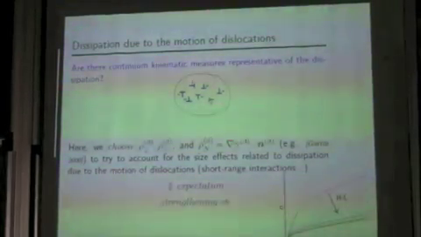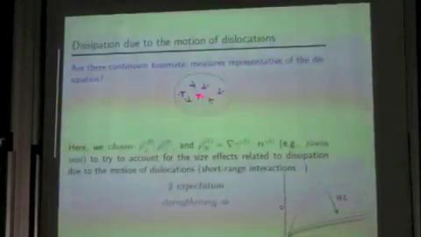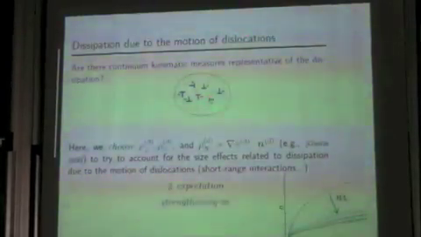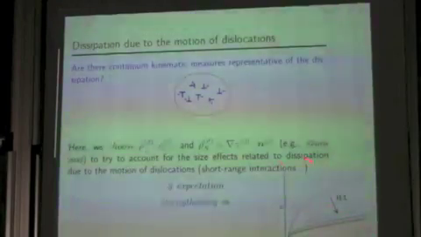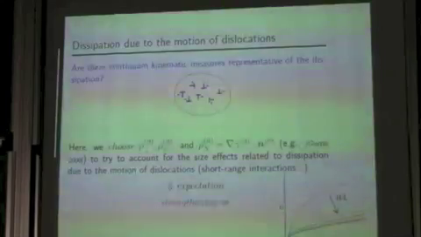And this is quite phenomenological. The attempt is to model the dissipation, so the motion of dislocations. And usually this provides a strengthening. So we already saw that in dislocation dynamics we didn't see any strengthening.